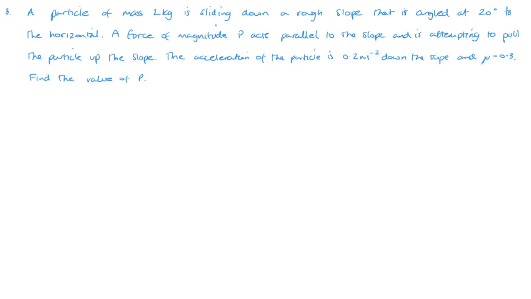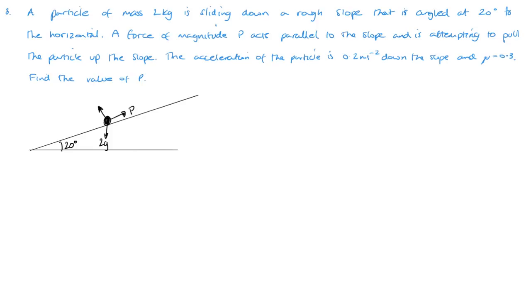So we've got, just do a quick sketch, we've got a slope, we've got a particle of mass 2 kilograms. Now it's at 20 degrees and force P is attempting to pull it up the slope.